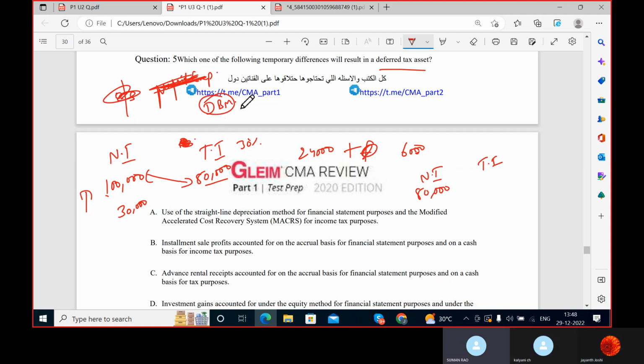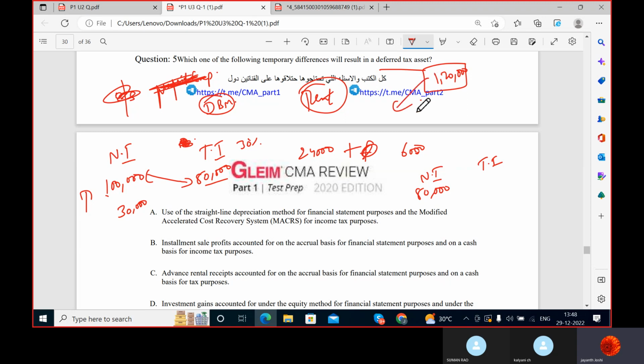But my question was, sir, when will the taxable income be high, in which scenario? For example, you got rent in advance. You will be showing it here and not showing it there, so this income will be high at that time. See, say you received 1,20,000 as rent in advance.